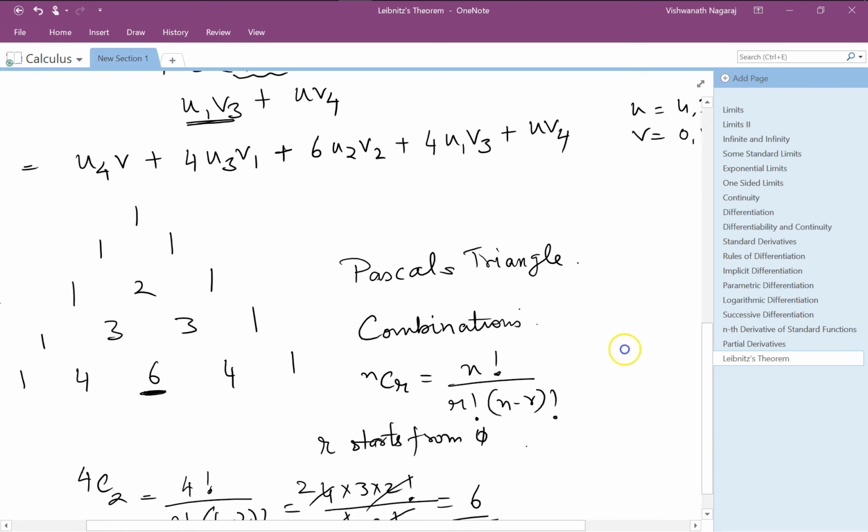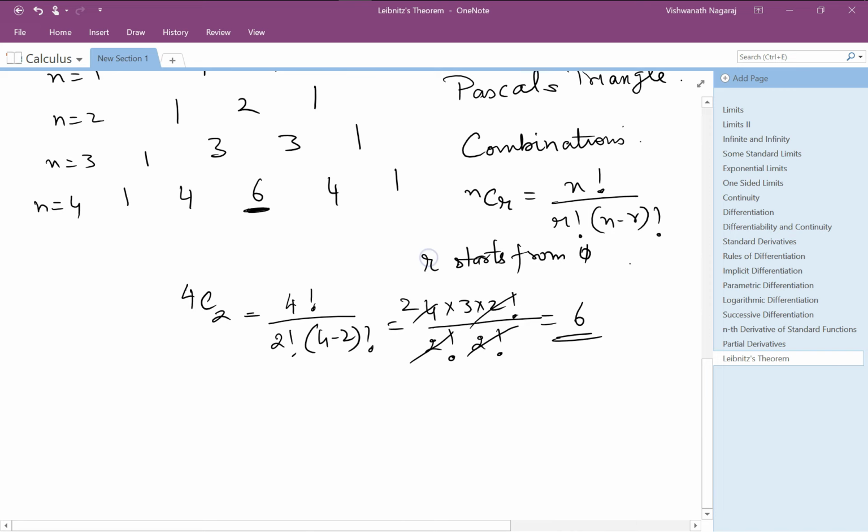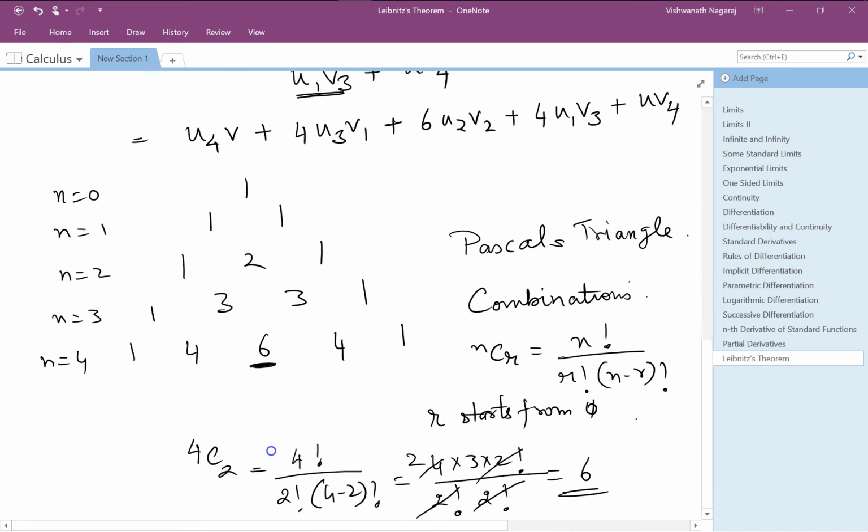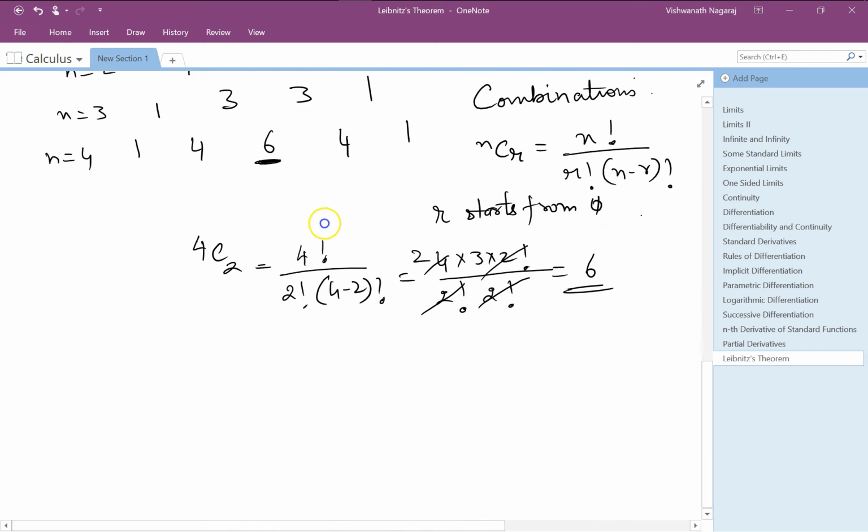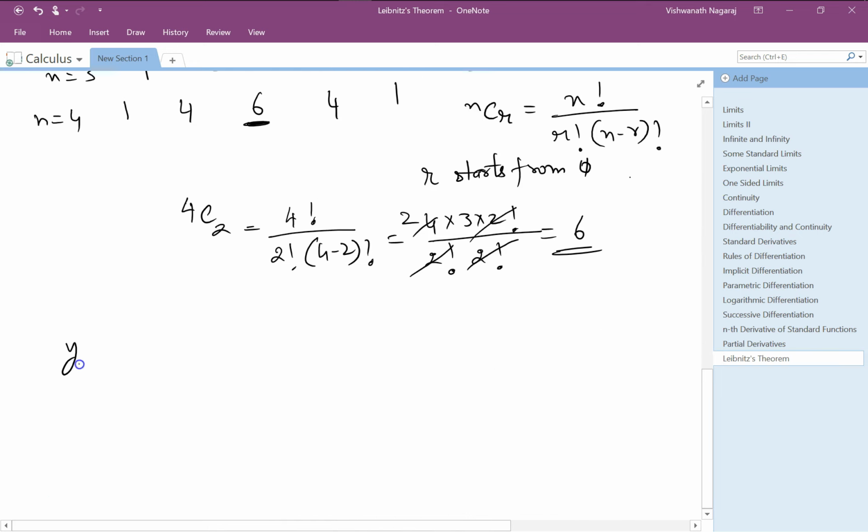Yes, which means this can be put in terms of a general formula, the nth derivative. So we can write the nth derivative as, remember, the coefficient can be written as nC0 u n v0.